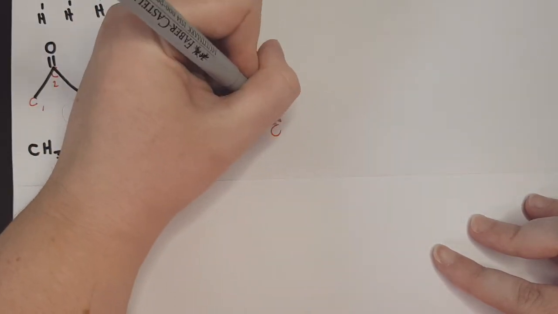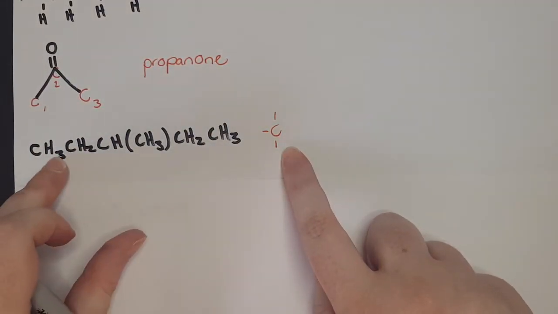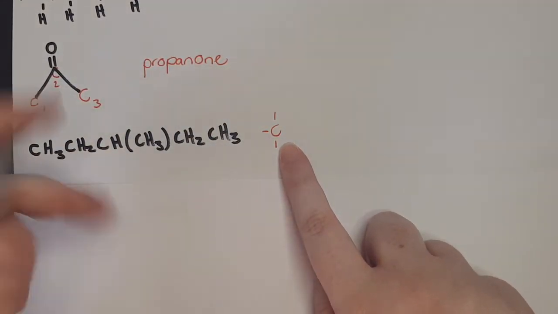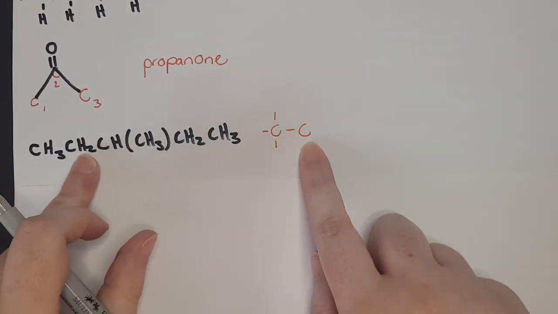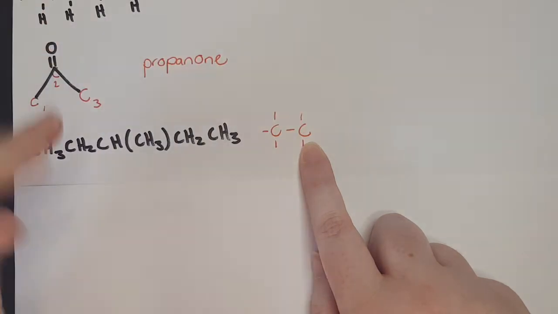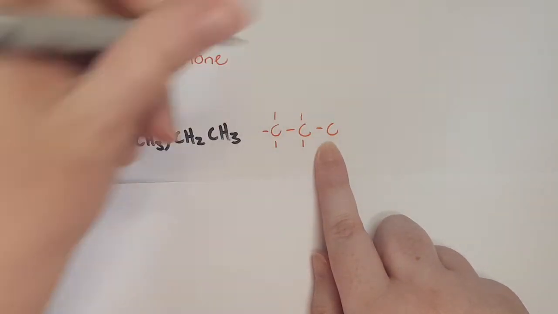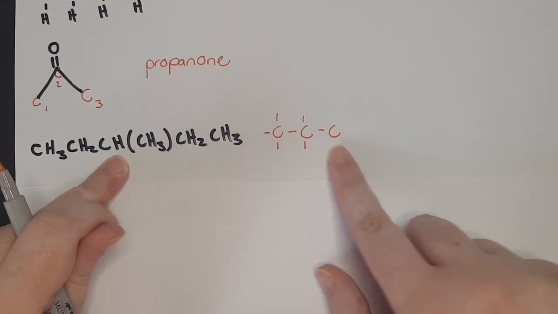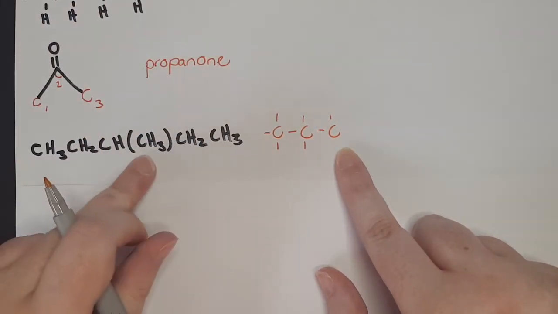So this carbon is attached to 3 hydrogens. So I have a carbon with 3 hydrogens. That's then attached to another carbon. So this carbon is then attached to my second one with 2 hydrogens, which is then attached to another carbon, okay, with 1 hydrogen. Then I've got brackets.